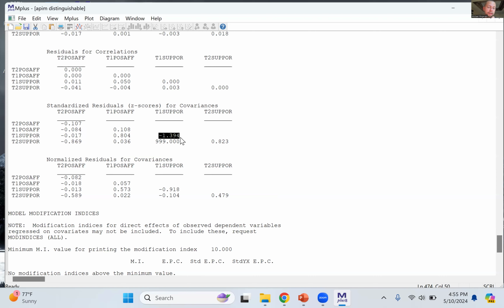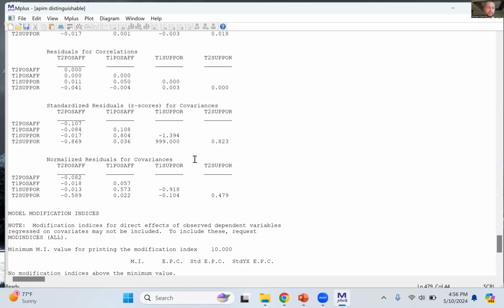Likewise here, we have a value of negative 1.39, which means this relationship between twin 1 support and twin 1 support, so it means that the variance is underestimated based on what the model would have expected. And so that is something to perhaps think about. But since again the z value is not greater than 1.96, that's not something I'm really going to get concerned about.